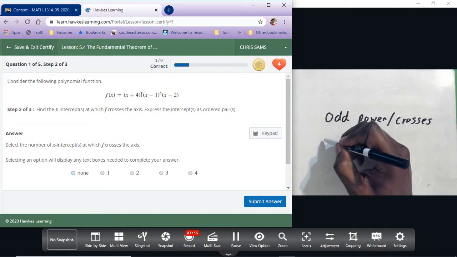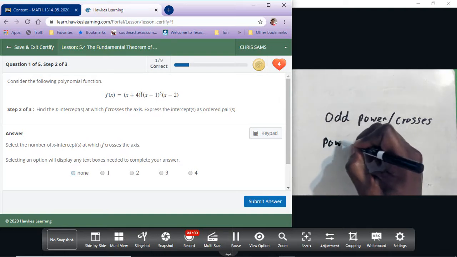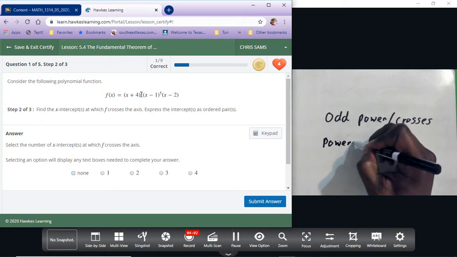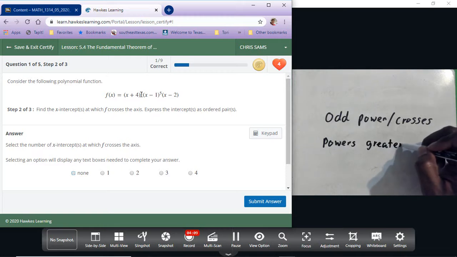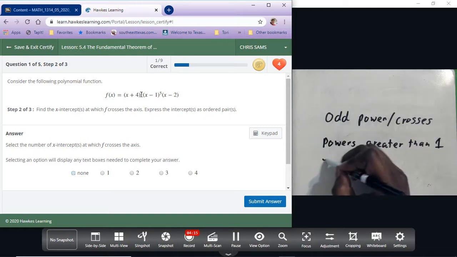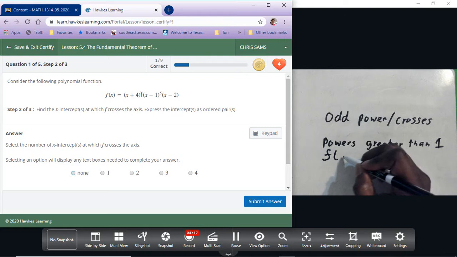Okay. Power greater than 1: anything greater than 1 will flatten out, because part 3 is going to ask which ones flatten out.